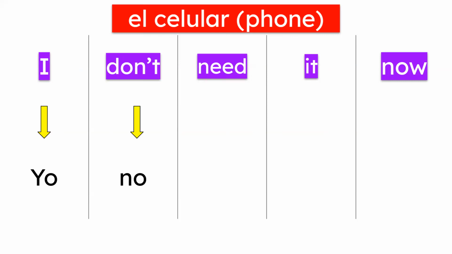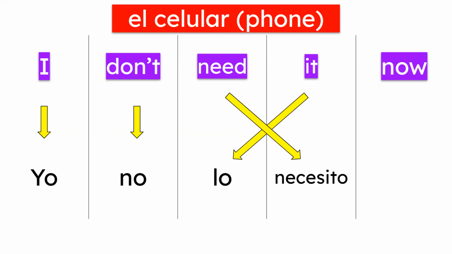It is referring to el celular, so masculine, lo. Yo no lo necesito. That's right. I'm sure you did it right. It's a very basic verb. Yo no lo necesito, and now you know that, right? Ahora. Perfect. Yo no lo necesito ahora. Okay? Go ahead and say this out loud.